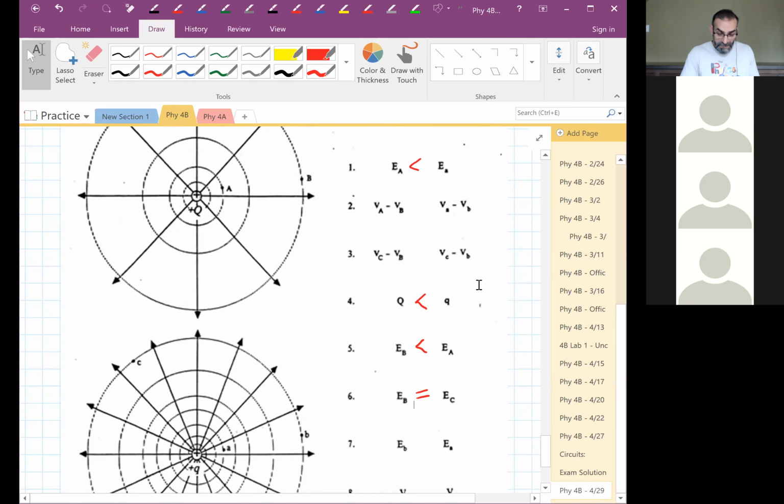Lowercase b and lowercase a. We just did that one, but the electric field gets weaker as you move away from that point charge, right?